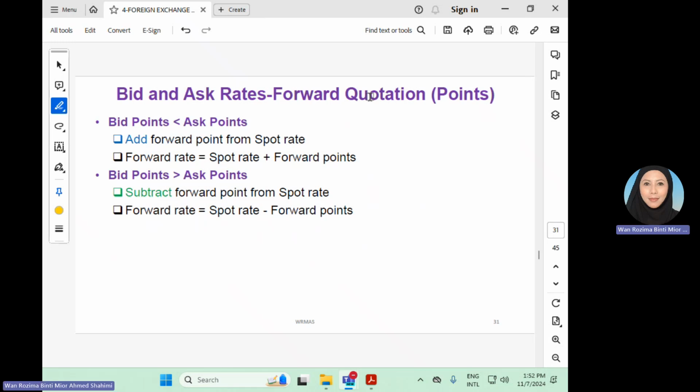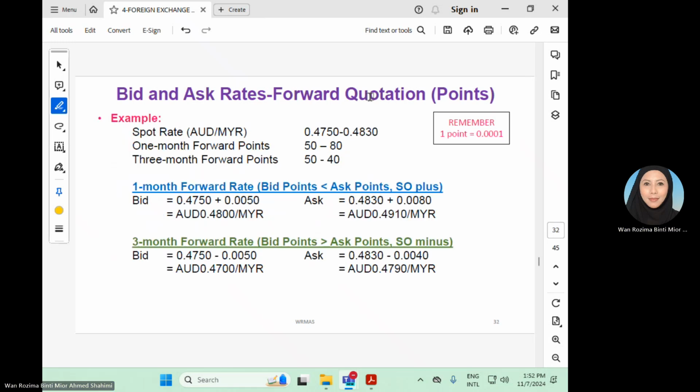Now about the points. Do not replace. For example, I want to find the forward rate, so I just replace with 0.4750, 0.4880. No, don't do that for forward rate.